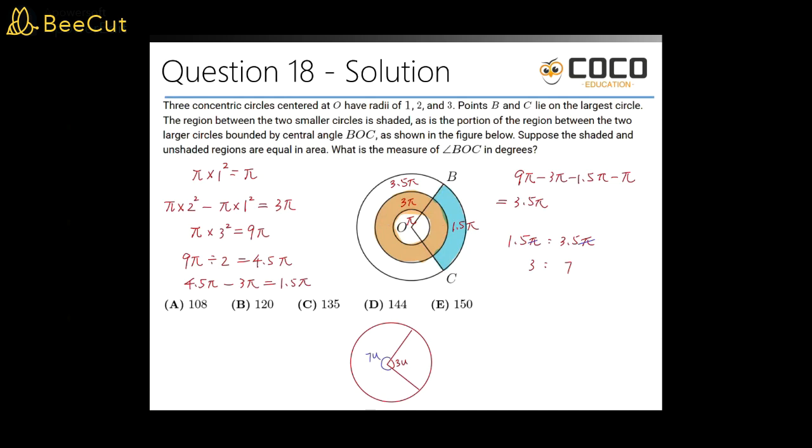So the sum of them is 360 units. Then we get 10u equals 360. 1u is 36. The angle we are looking for is 3u. That's 108. So the answer is B.